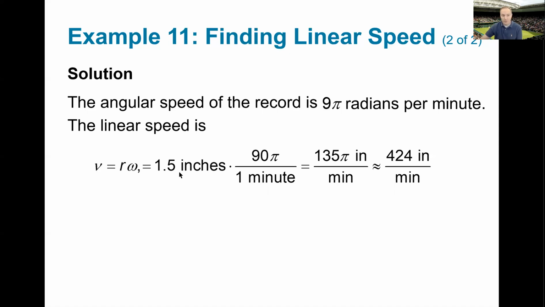So you just say 1.5 times this 90 pi. 1.5 times 90 is going to give me 135, in terms of pi. Now it's in terms of inches per minute rather than radians per minute. And if you multiply 135 pi, you're going to approximately get 424 inches per minute.